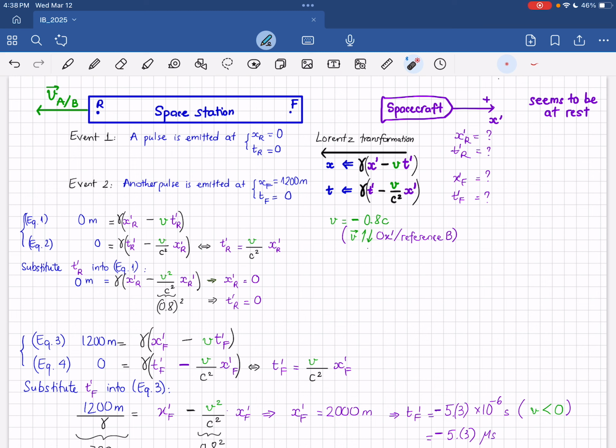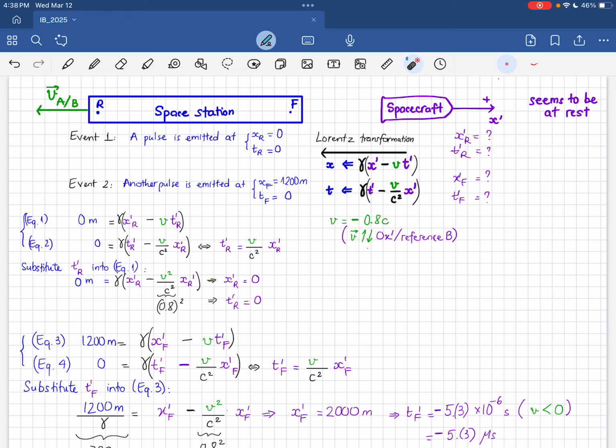So for the person on the spacecraft, the space station seems to move to the left. And because we also assign positive to be the right one, this V here becomes negative. Okay, it turns out to be negative, and just keep that in mind when we plug in the values here. And actually, I just want to go this way because I'm curious if it's correct.